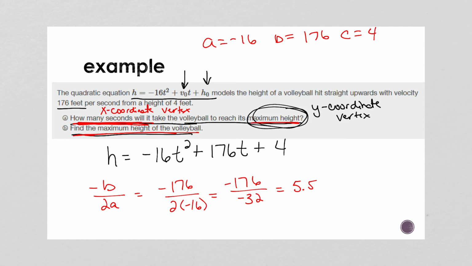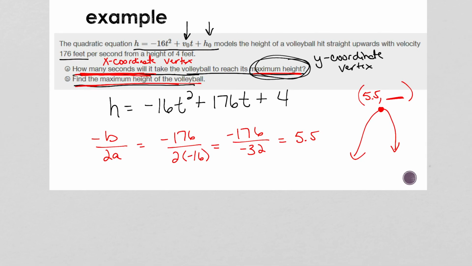So that means this thing, because it's an upside down parabola, it will reach a maximum height at 5.5 seconds. And I don't know what the height is just yet, but I'm going to find that out, okay? So let's take this 5.5, because our part A is 5.5 seconds, okay? Our part B is going to be our y coordinate. So we're going to take 5.5 and we're going to put it into our equation.